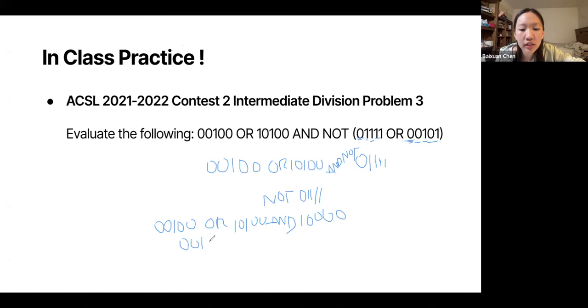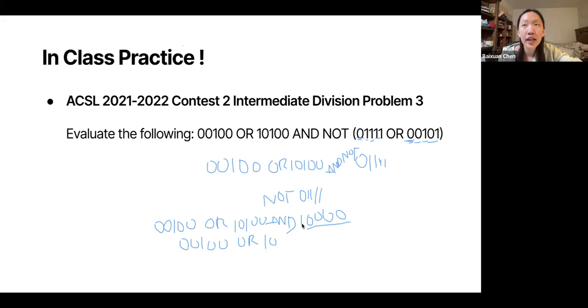So it'll be 0, 0, 1, 0, 0 OR, and remember, AND only returns 1 if both of the digits are 1. When we compare the first of each, these two are 1, so it'll be 1. And these two are 0, so it has to return 0. And we notice that the rest of the digits on this string are all 0.